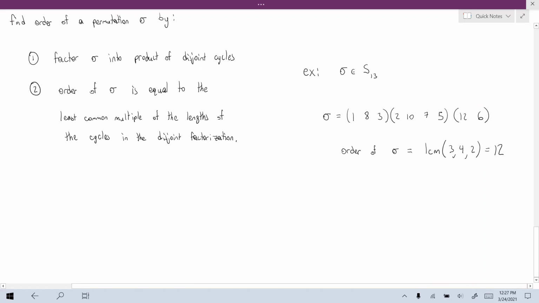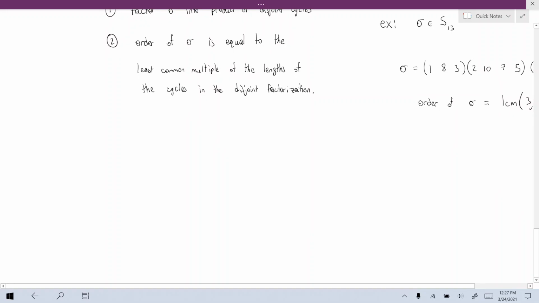Lastly, I want to talk a little bit about transpositions. So a transposition is a cycle of length 2. Okay?